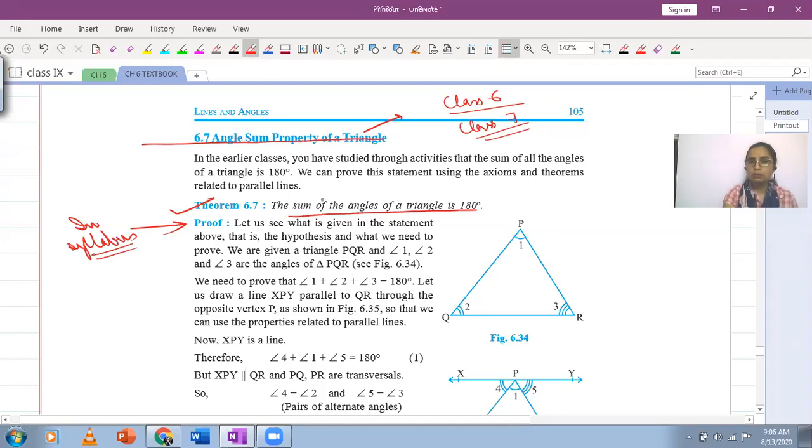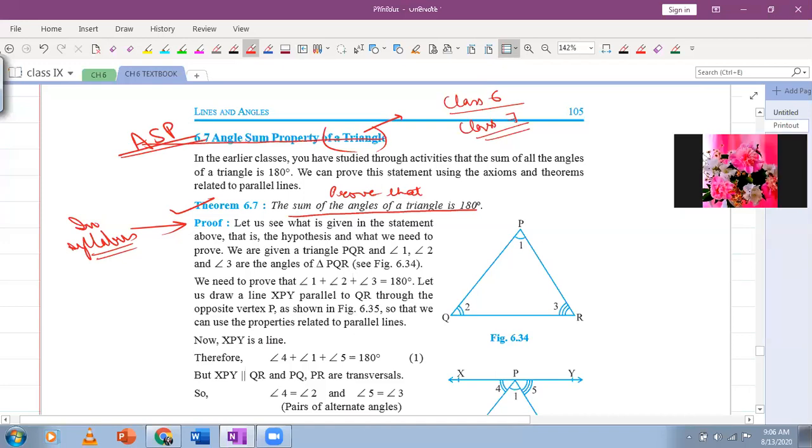Sometimes it comes as prove that the sum of the angles of a triangle is 180 degrees, or sometimes they say prove angle sum property of a triangle. Also referred to as ASP, and this is how we usually refer to it in the reasoning. जब हमें कहीं पे reason देना होता है कि triangle के जो 3 angles हैं, and when I say 3 angles of the triangle, I'm actually referring to the interior angles of the triangle.